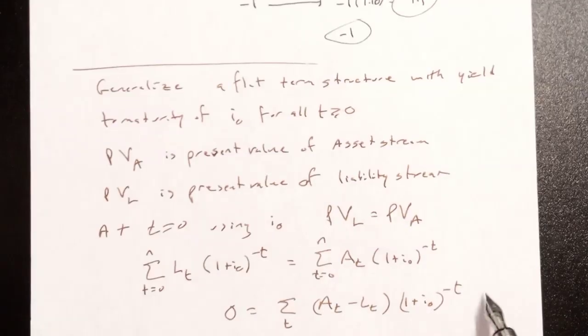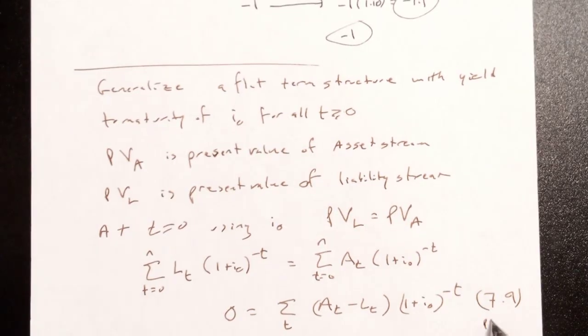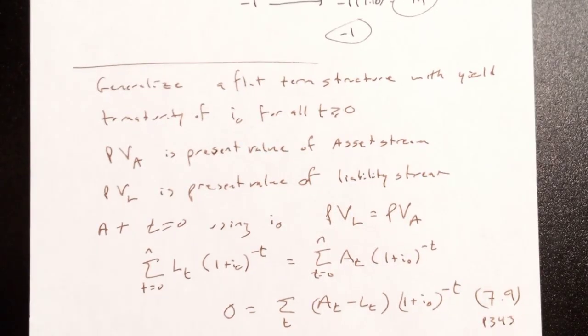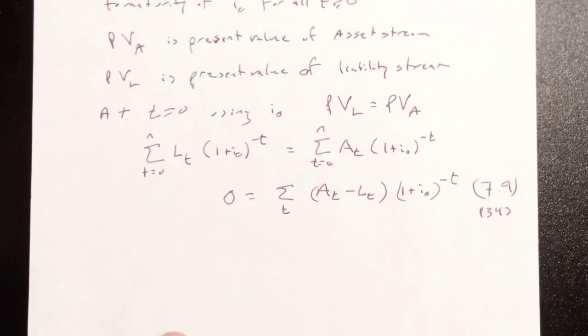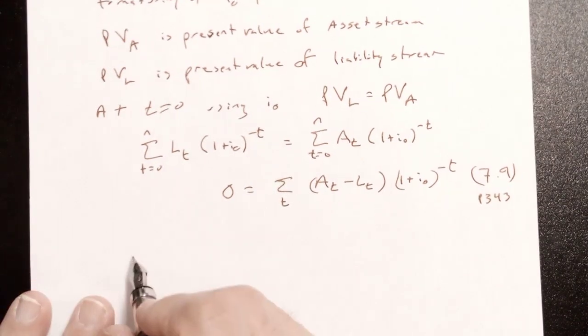This is equation 7.9 in the textbook on page 342. Sorry, 343. But that's measured at time 0. I could just as easily measure at time n.